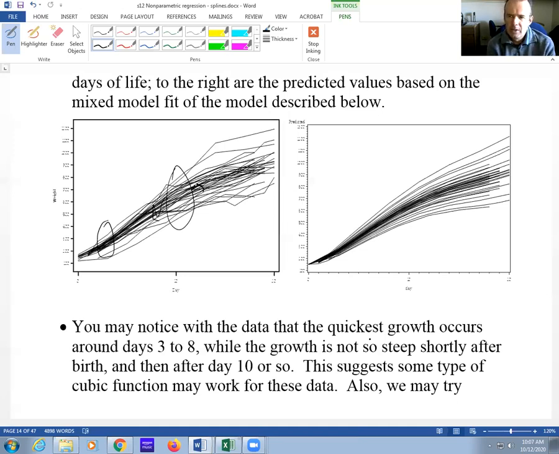And what's the other problem? If you add in a lot more knots, then you're going to start modeling noise, right? You can think of the global temperature data as well. If you're going to use spline terms there, if you add too many in, your function's going to have a lot of turns to it, and you're going to start modeling things that really shouldn't be in the mean process.